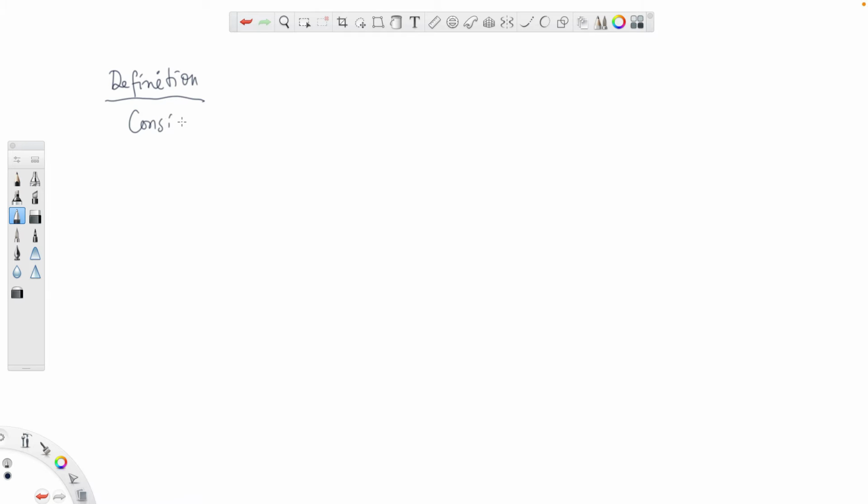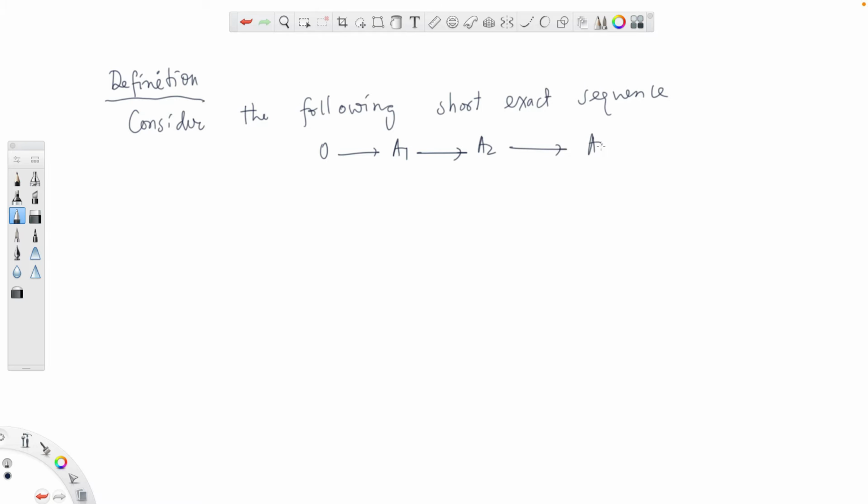Consider the following short exact sequence: 0 to A1 to A2 to A3 to 0, where phi is the homomorphism from A1 to A2 and psi is the homomorphism from A2 to A3.